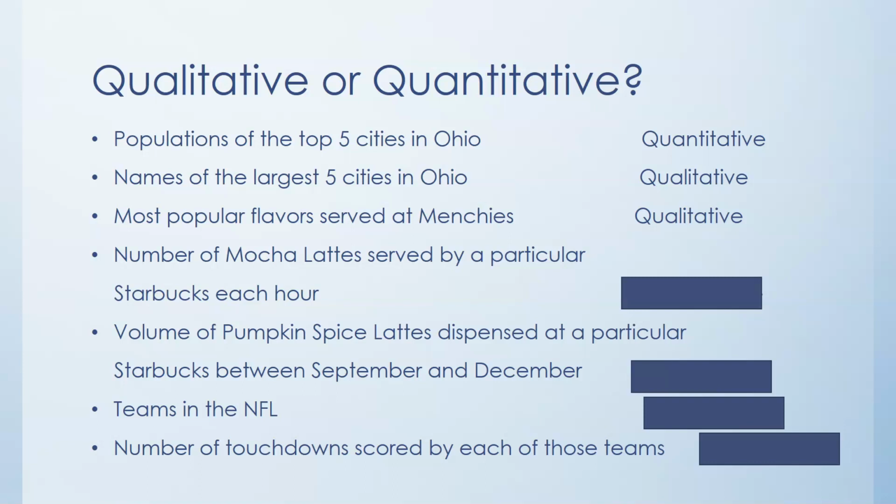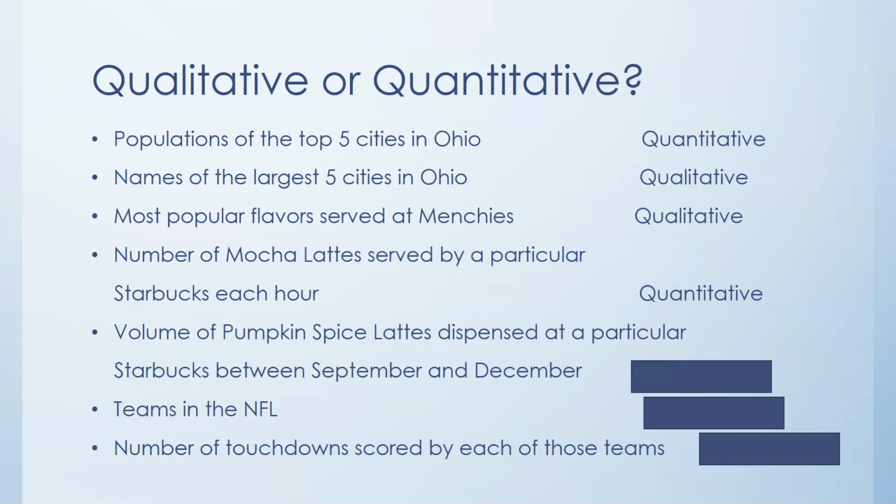And just a quick rule of thumb, what would be the average of red velvet and chocolate chip? You just can't do that numerically with qualitative data. The number of mocha lattes served by a particular Starbucks each hour.